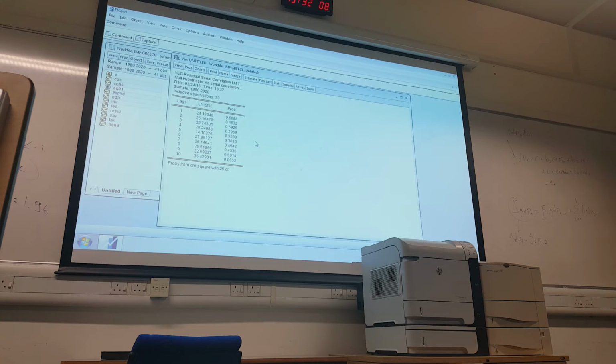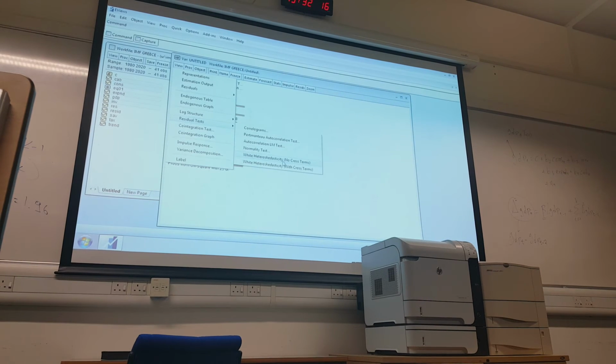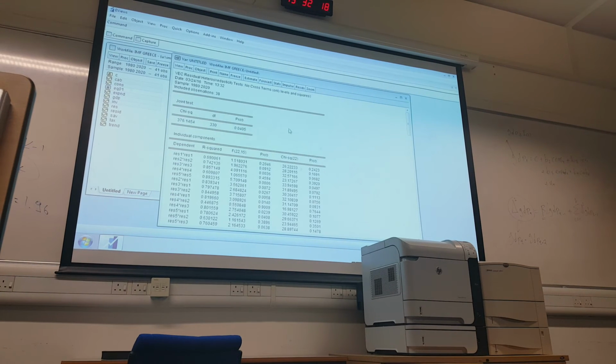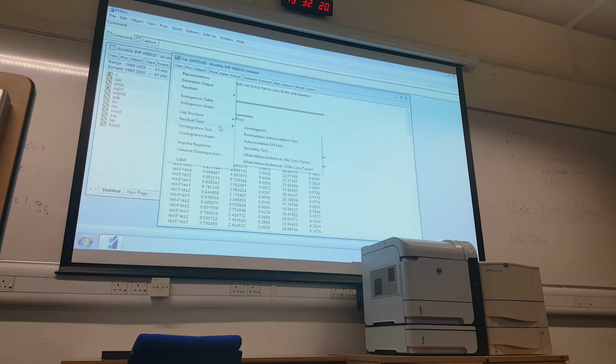So after the identification of the absence of serial correlation, then go once again to View, Residual Tests, and go to White Heteroscedasticity with no cross terms.